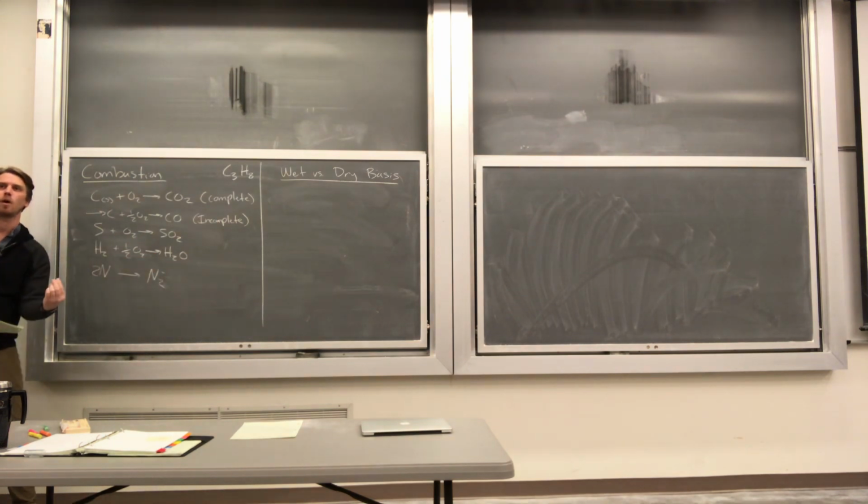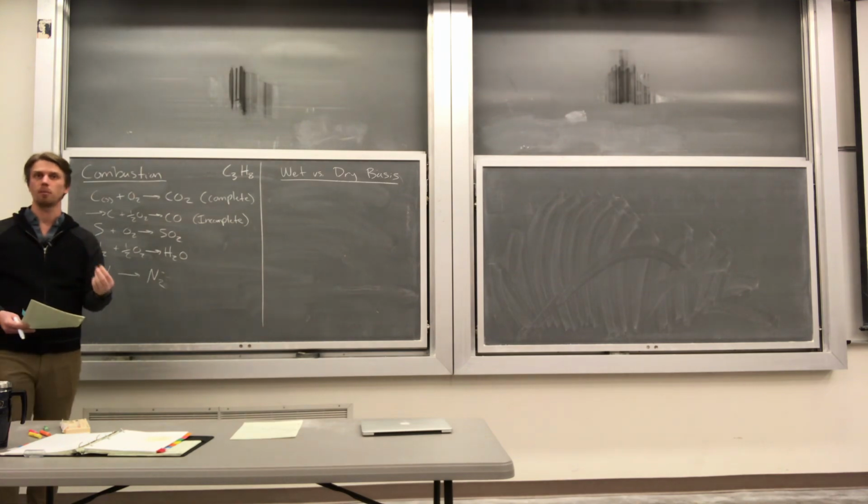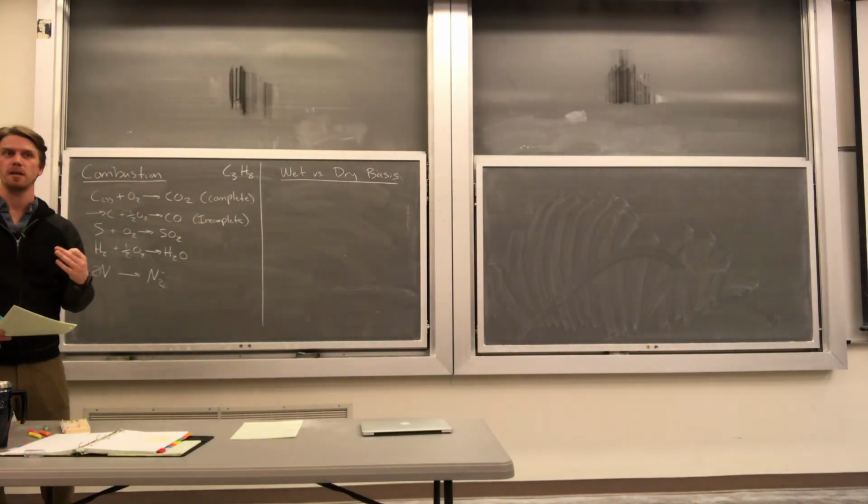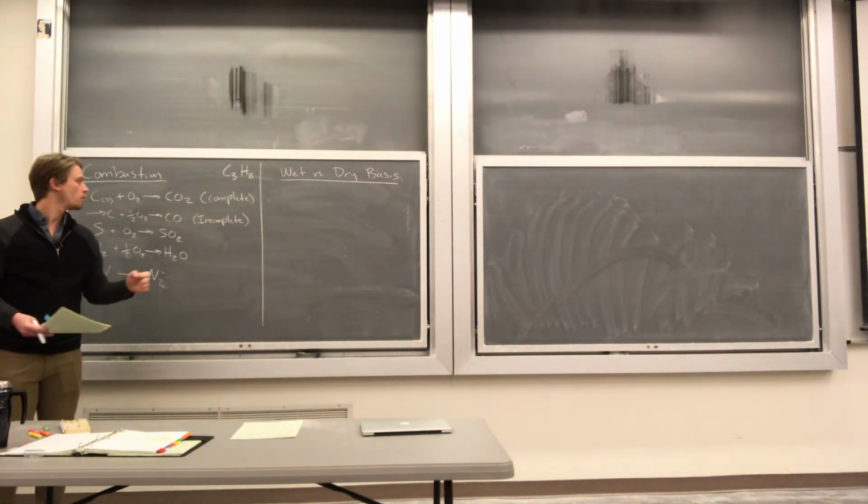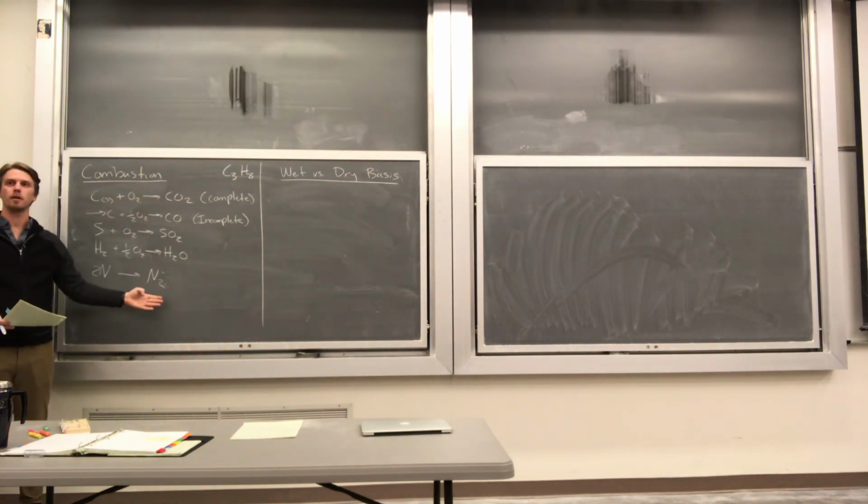By condensing water, that's actually an exothermic process. You can recover more energy by condensing the water. So oftentimes when we're looking at the composition of flow streams, it's easiest to remove the water because it can be done just by cooling the stream down. These compounds cannot be removed just by cooling it down.